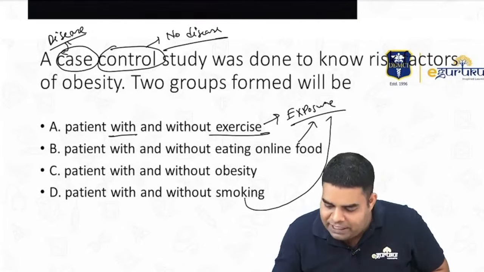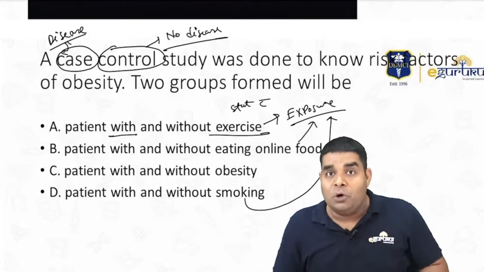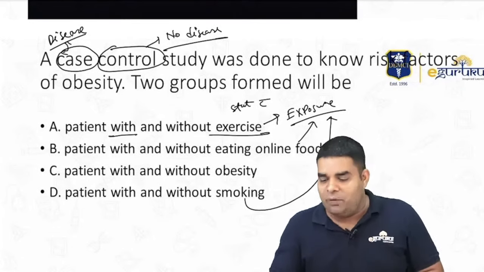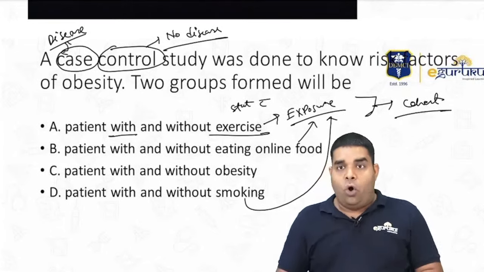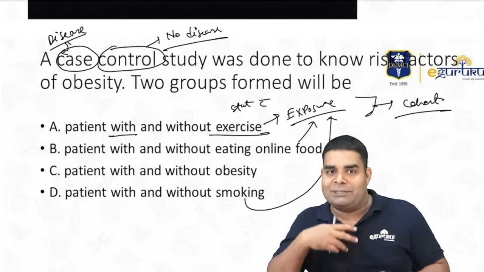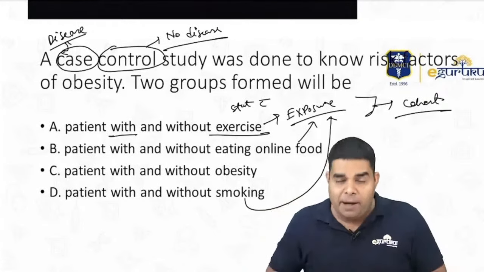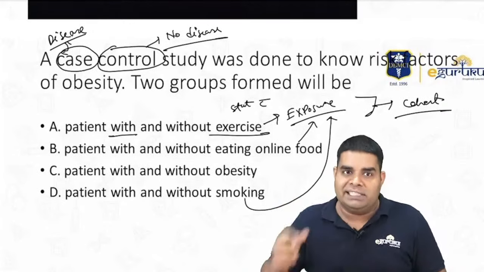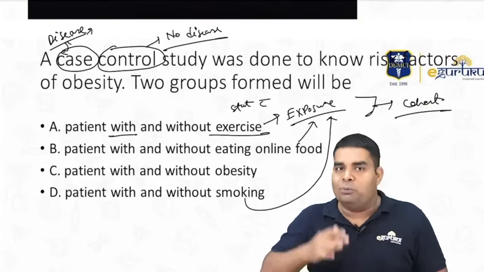So all of these three start with exposure, and a cohort study is the one which starts with exposure. So all of these three are wrong because they start with some risk factor or exposure, but a case control study starts with disease. So we will start with one group who are obese, one group who are not obese.